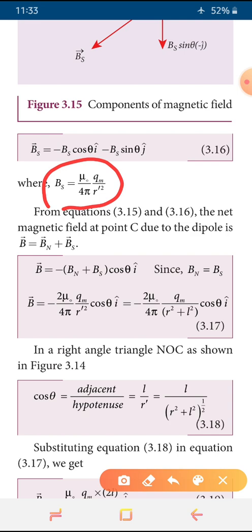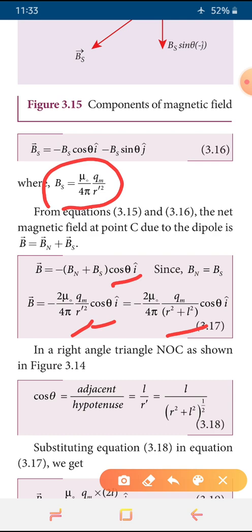Then we can write minus 2 mu naught divided by 4 pi, Qm divided by r dash square, and cos theta i cap. Then from figure 3.14 we substitute r dash, writing minus 2 mu naught divided by 4 pi, Qm divided by r square plus l square, cos theta i cap. This is equation number 3.17.